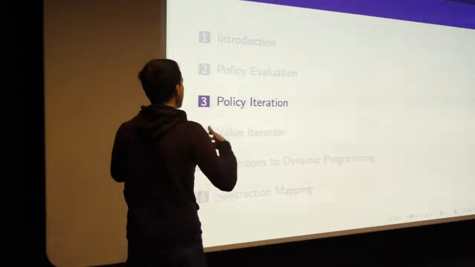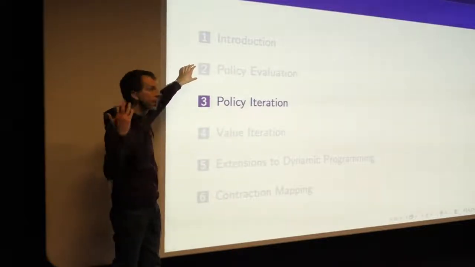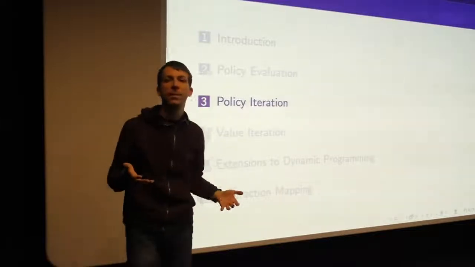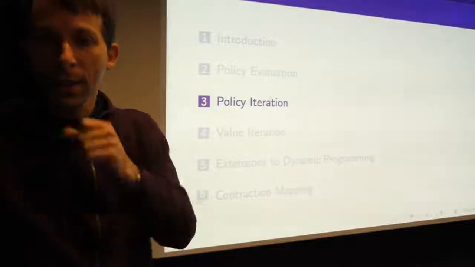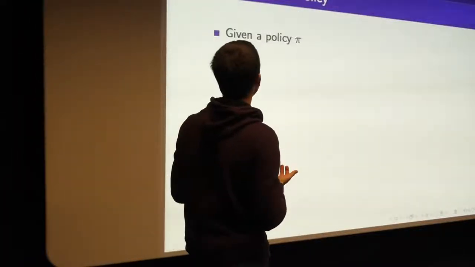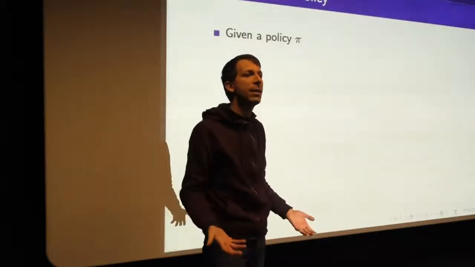So now we're going to talk about the next problem, which is that here we were just trying to evaluate a fixed policy, for example, the uniform random policy. And now we want to actually find the best possible policy in the MDP. The way we're going to do that is by a feedback process, just as was suggested then. So let's start with this basic piece of intuition, which is we want to make our policies better. How do we make a policy better?